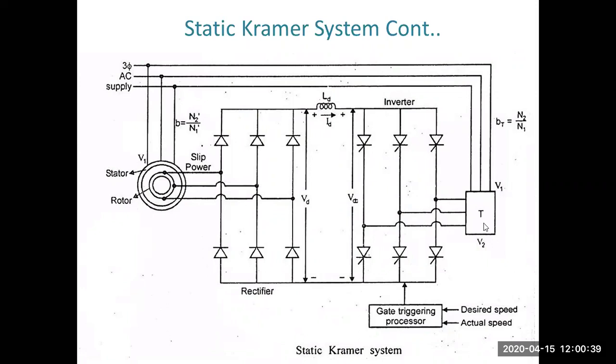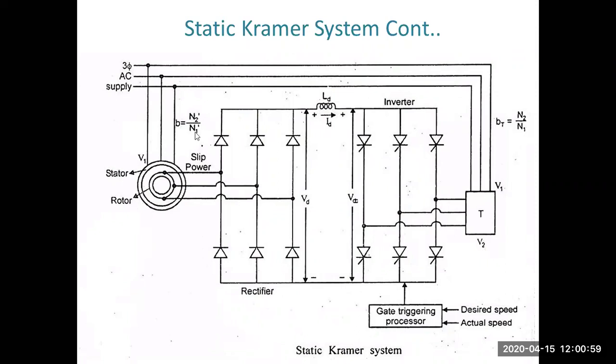This AC voltage V2 is then further fed to T. T stands for the transformer. Here we connect a transformer to bring this side's voltage to the main supply side. So this voltage V2 is converted to V1 by transformation using the transformer.